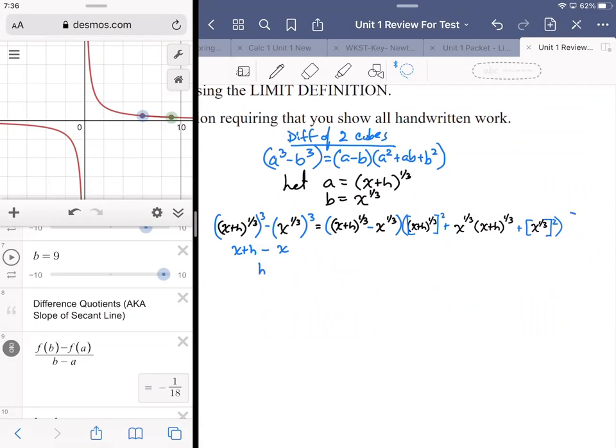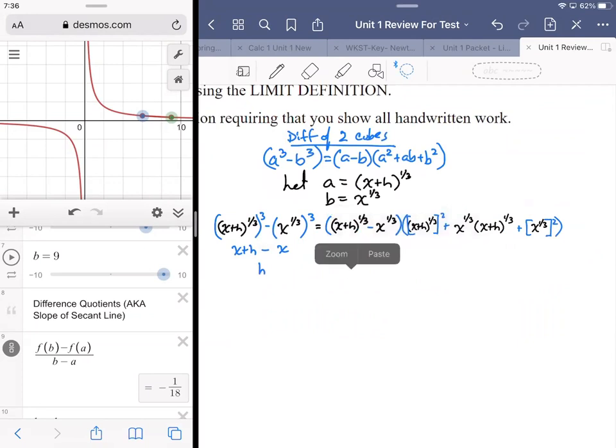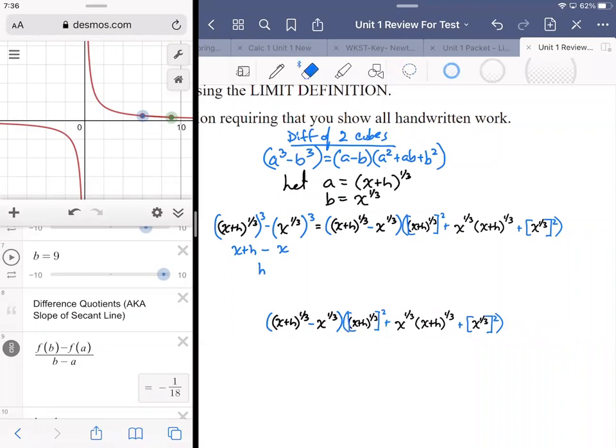There isn't really much to clean up on the right-hand side. It's kind of ugly. It really is just a matter of saying, all right, well, the 1/3 times the 2 gives me a 2/3. Right, so that's in both cases over here, but everything else is going to stay pretty much the same. There's really not much else I can do.